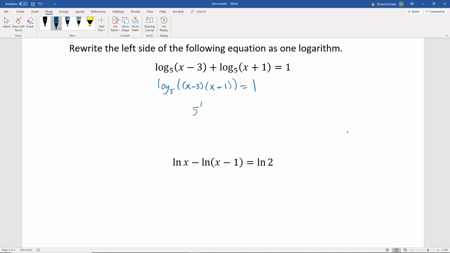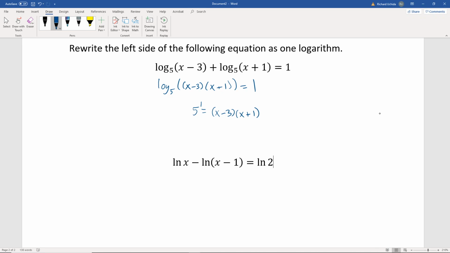So 5 raised to the 1st is equal to what's inside the log, the (x minus 3) times (x plus 1). So we now have this equivalent equation, and this is actually a quadratic equation. You would multiply out the right-hand side, subtract 5 from both sides, and then you could solve that equation. But the nice thing is, our original equation had logarithms in it, but by rewriting it this way, we no longer have any logs. So this makes it easier to solve.